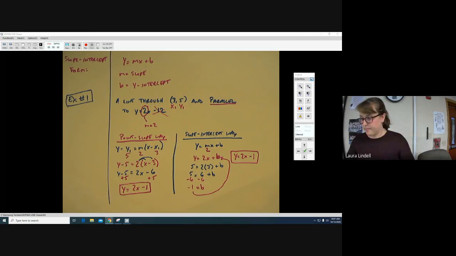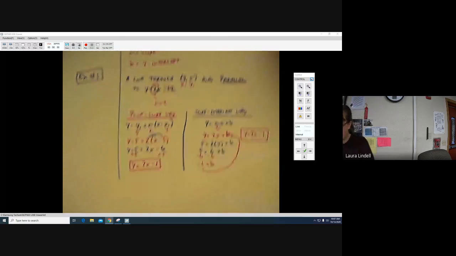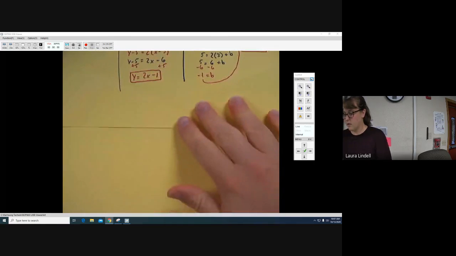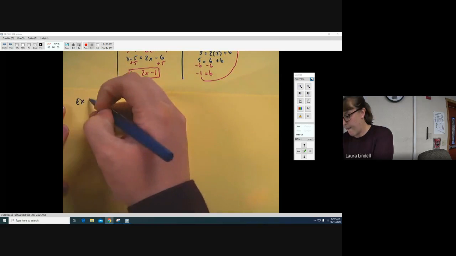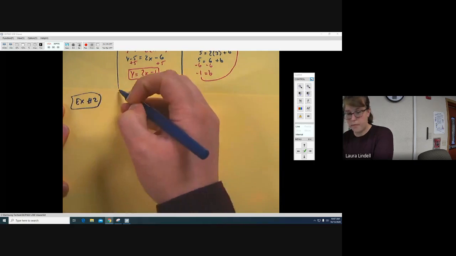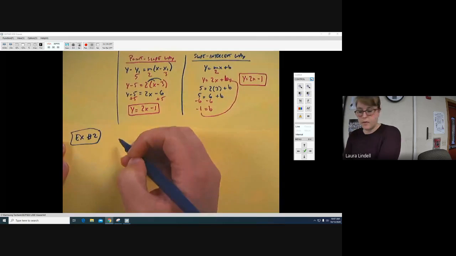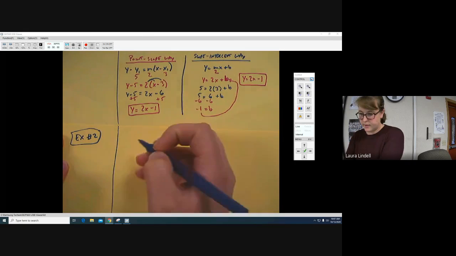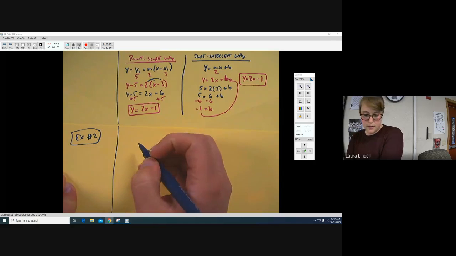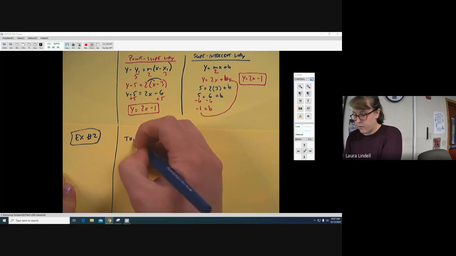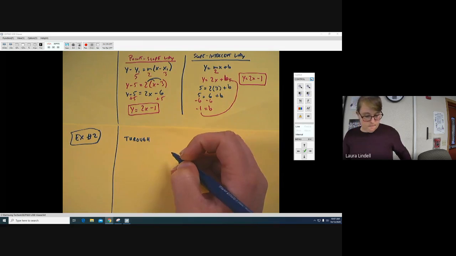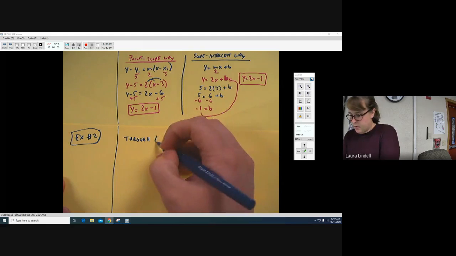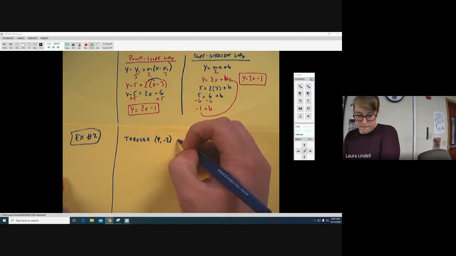Alrighty, let's do another one. Okay, this time we want a line to go through 4, -2.